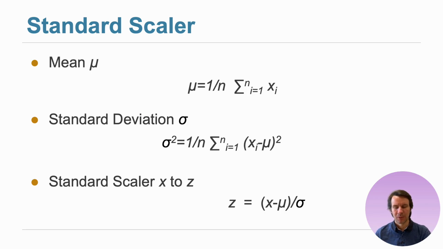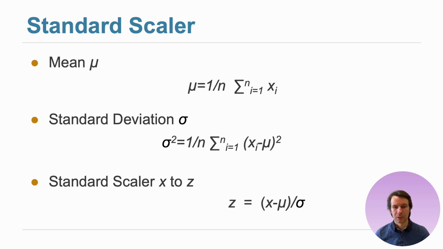Right, so now you know the standard deviation from the mean, and then for each entry that you have, you take the value, subtract the mean, so you know how far away you are from the mean, and you divide it by the standard deviation.